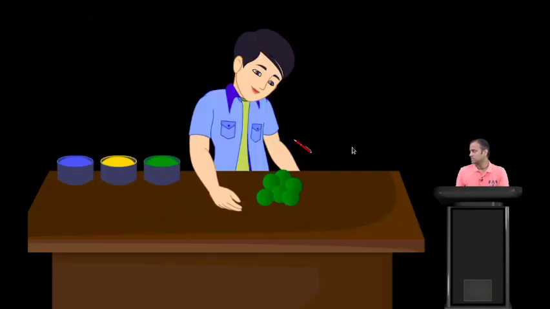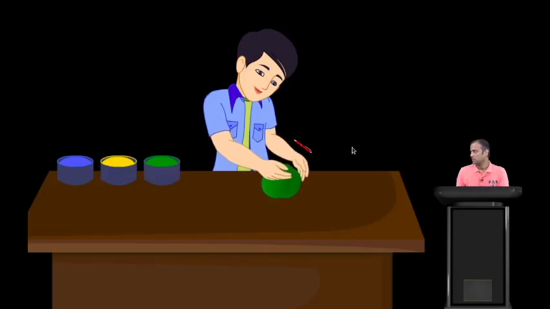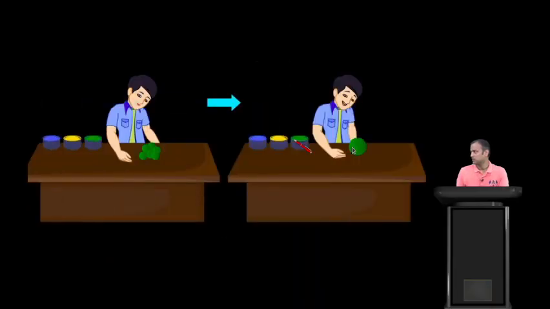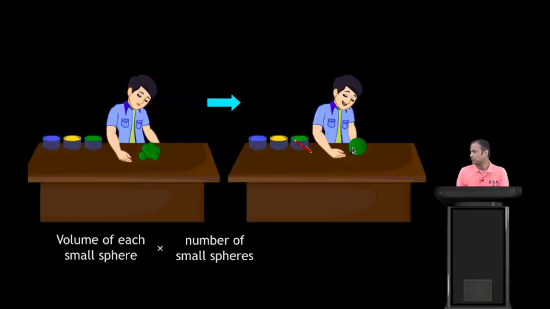Now he has some spherical balls, and now he converts all the balls into a big sphere. Again we know that the volume of these small spheres is equal to the volume of the big sphere. So what did we conclude from this?